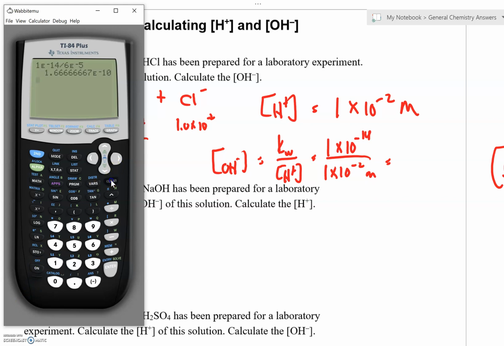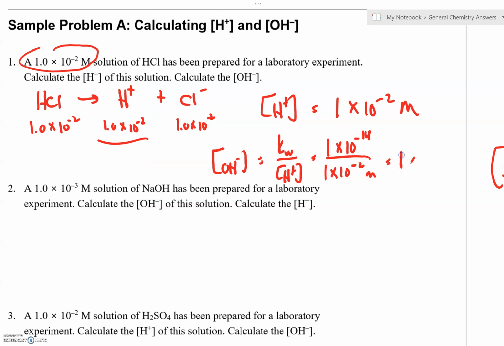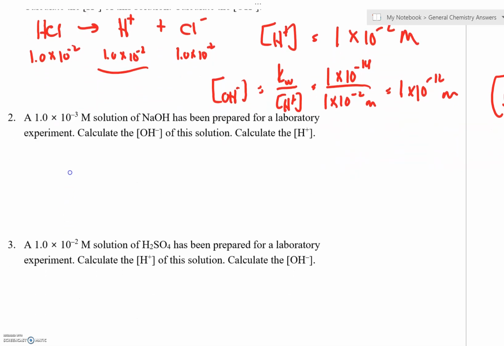So we're going to say 1 times 10 to the negative 14th divided by 1 times 10 to the negative 2. Here's our answer, 1 times 10 to the negative 12th molar. Okay? Super easy. Let's do number 2.